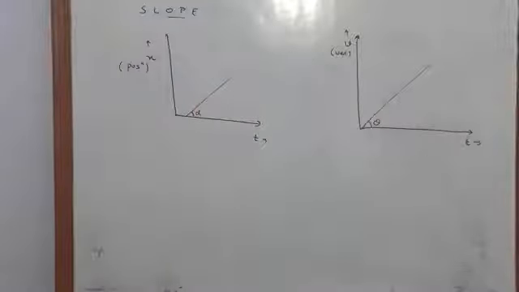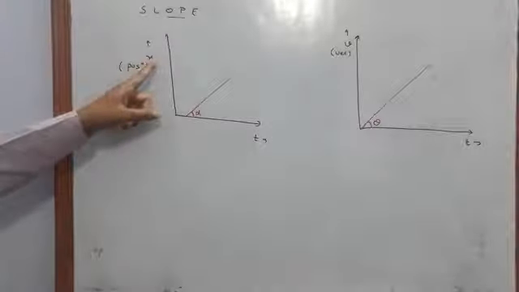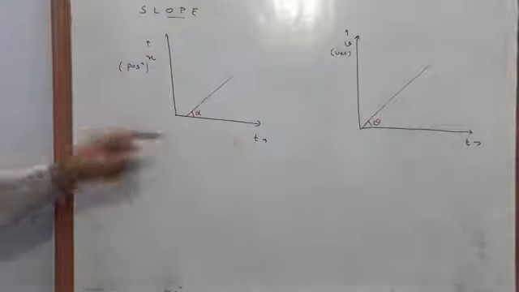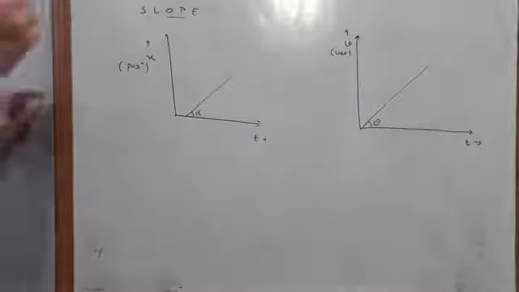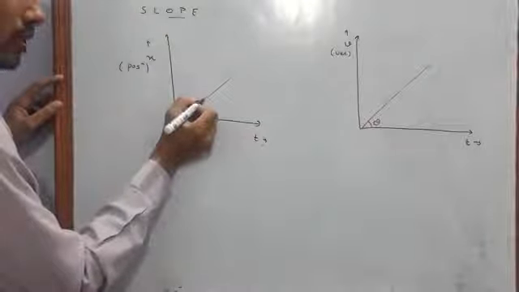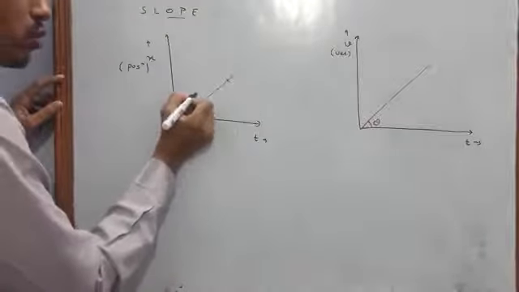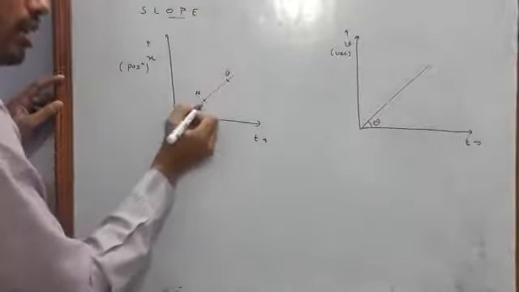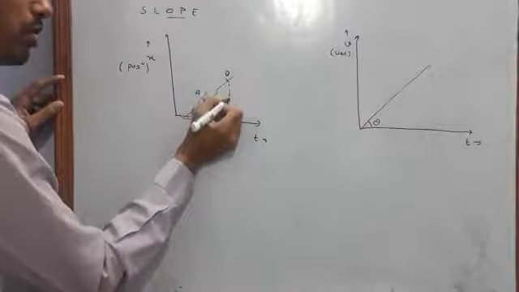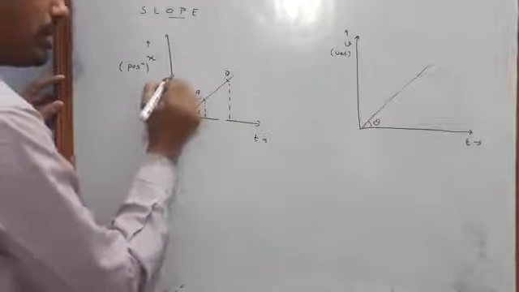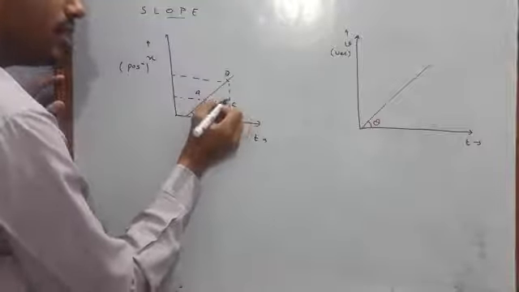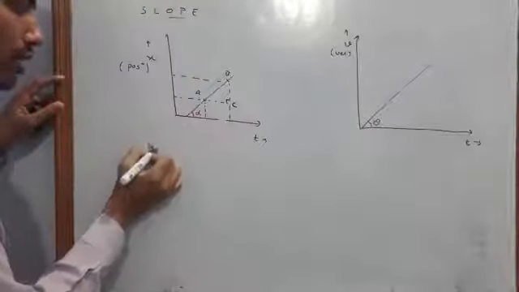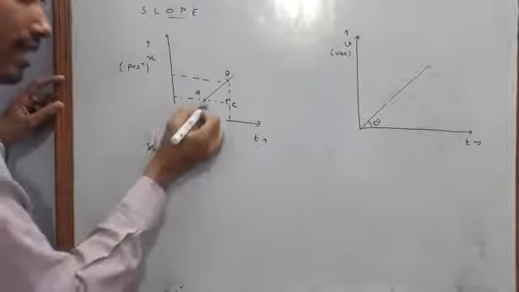Okay, let's see now some examples for slope. Here this graph is between position x and time t, and the graph is like this. We have to find the slope of this graph. So as I have discussed earlier, we'll choose 2 points A and B, then we'll drop perpendiculars. Let us quickly repeat the method, and then we'll complete a triangle. We'll call this point C. Then slope we have defined as tan of this angle.